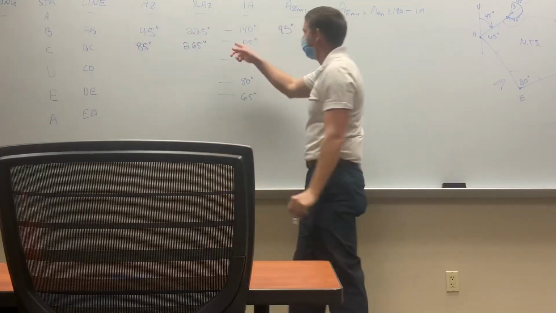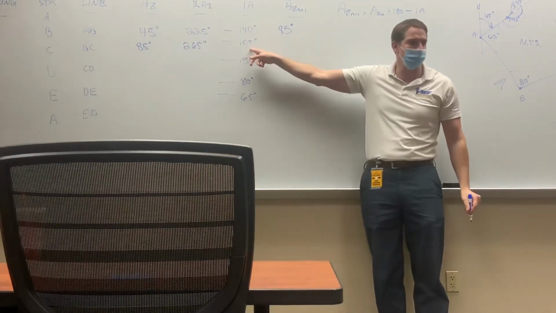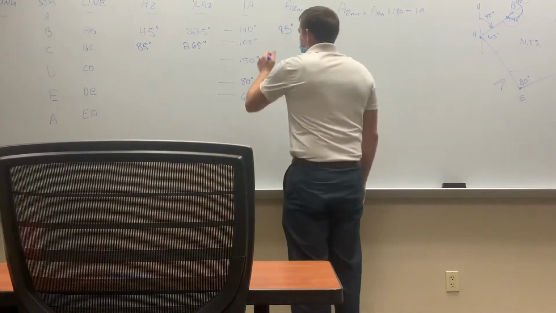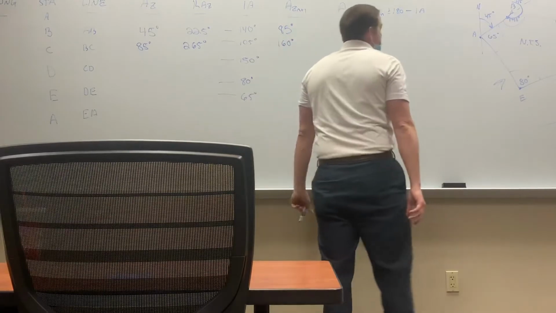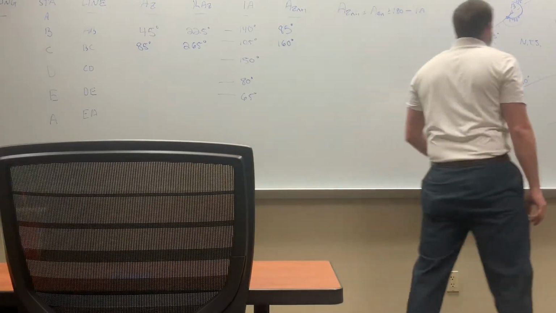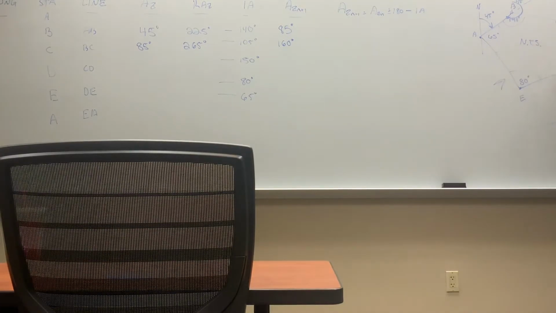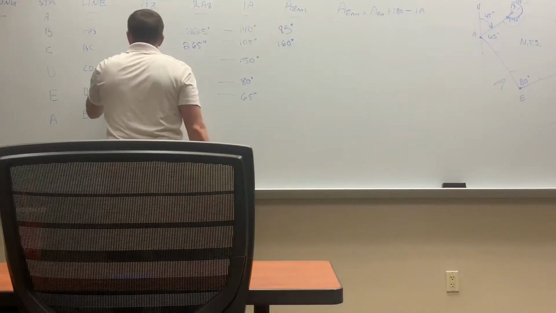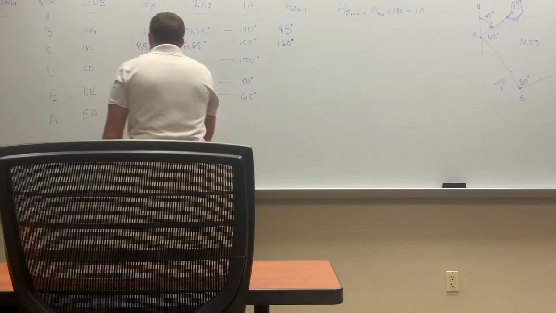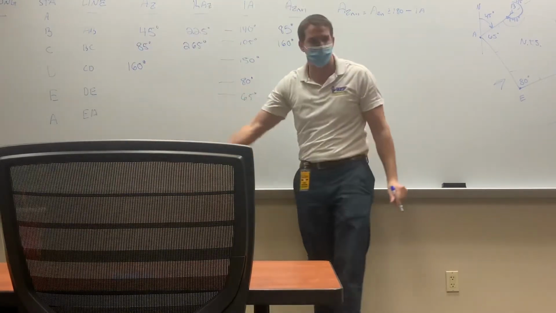All right, and I'm going to add or subtract this. I'm going to subtract out 105. We need 160. 160 would be CD. Yeah, I can see that would be 160. 160 degrees. Am I going to add or subtract 180?